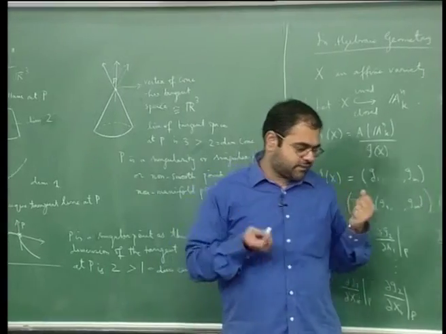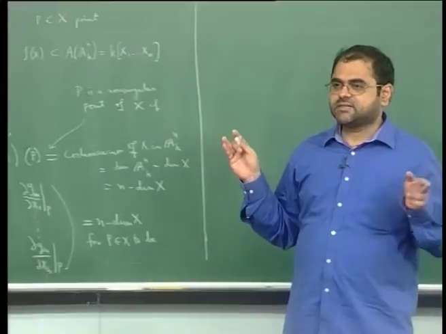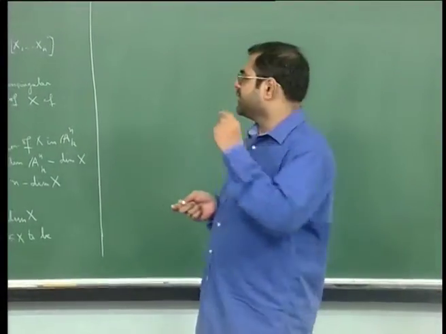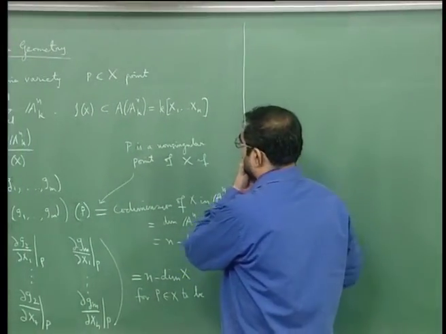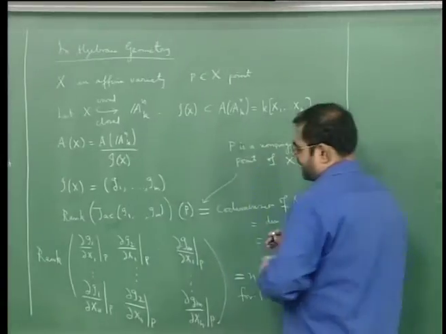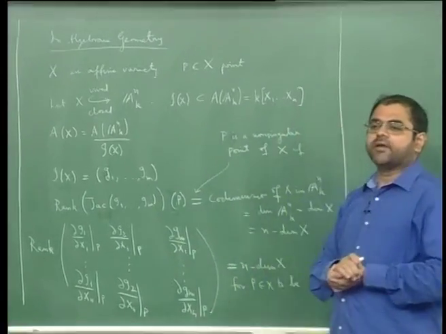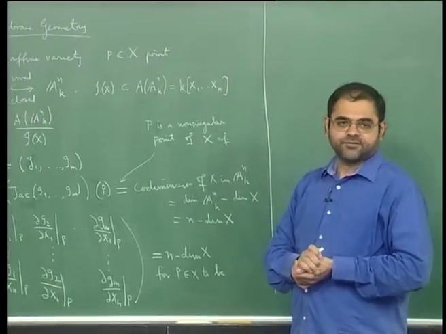Of course there could be varieties which are totally smooth, that also can happen, and such varieties are called non-singular varieties. Now this definition looks a little involved, but the advantage of this definition is that you can do some calculations.